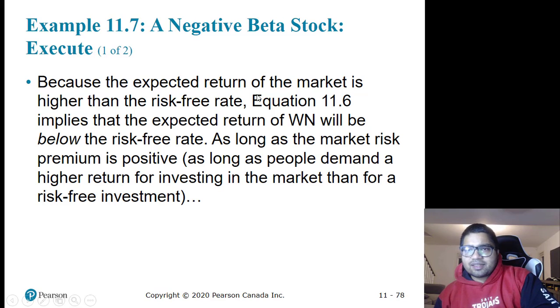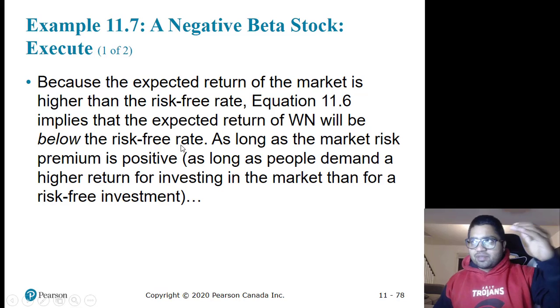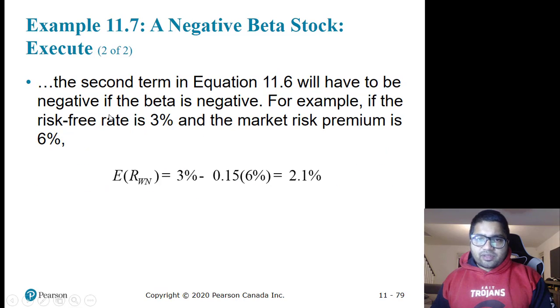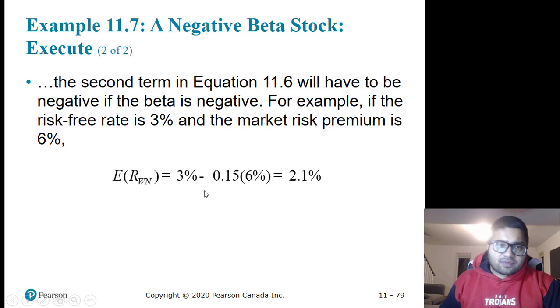Whenever the stock has negative beta, the returns will be below risk-free, as long as the market risk premium is positive. So if you compute it, 3%, the sign becomes negative because beta is negative, 0.15 times the market risk premium of 6%, so 2.1%, which is lower than risk-free.